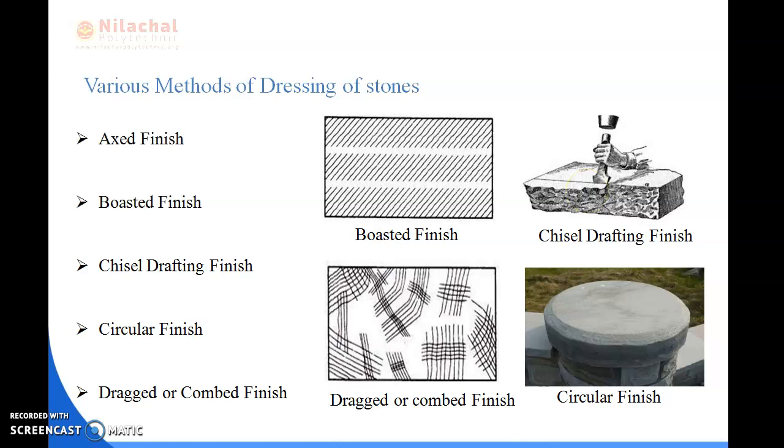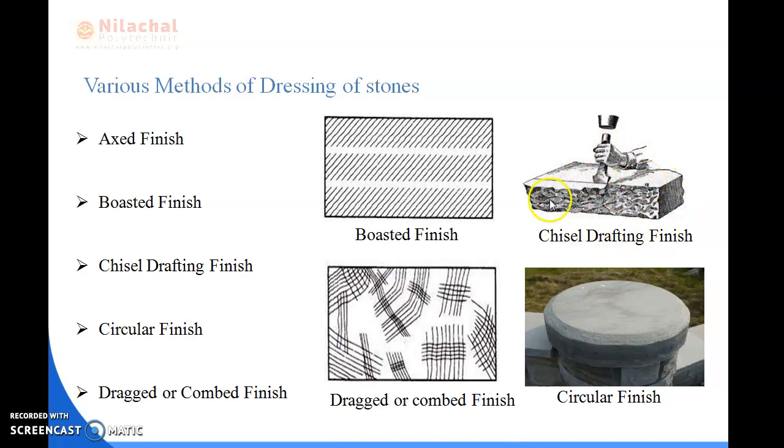This type of finish is mainly done in stonework, and the margins, which you can see placed here, may be either squared, pitched or chamfered. You can see here the margins have been placed to get a uniform size and shape of the stones. It is known as chisel drafting.